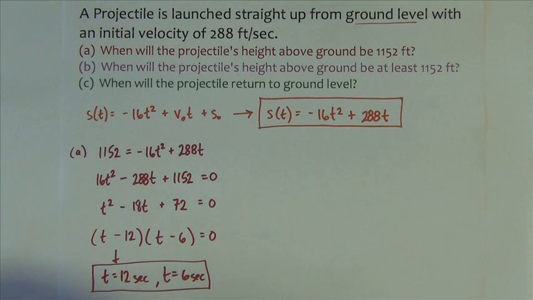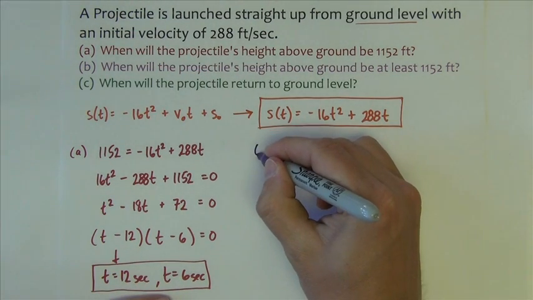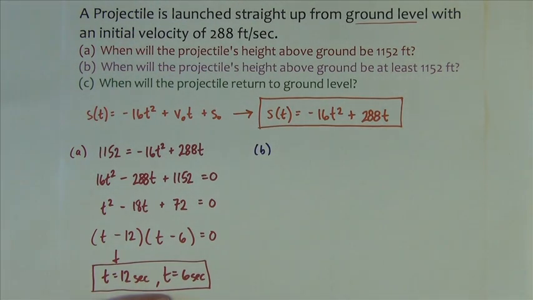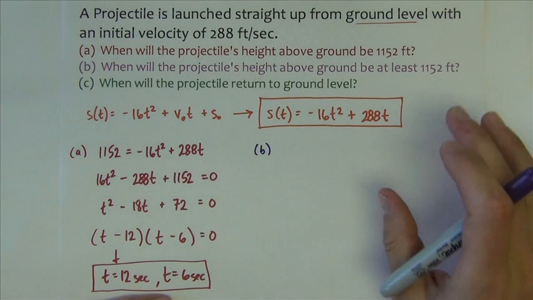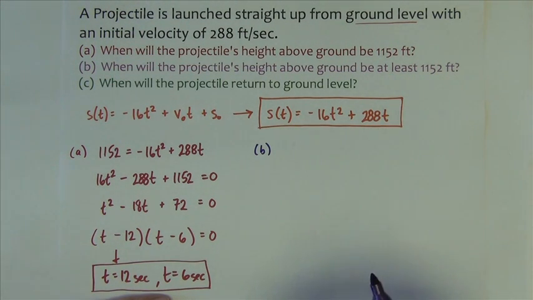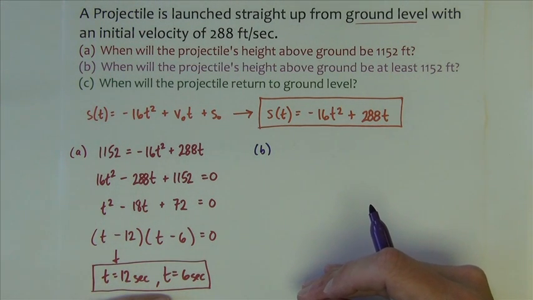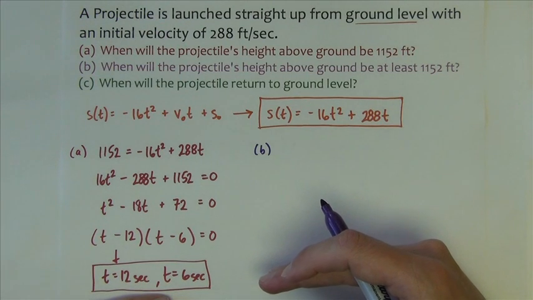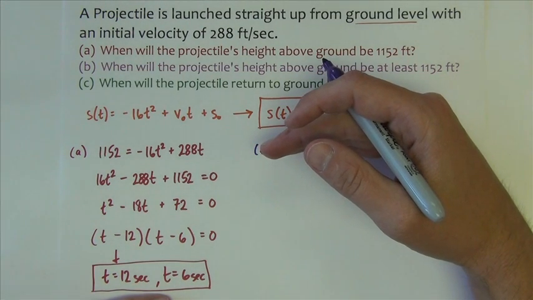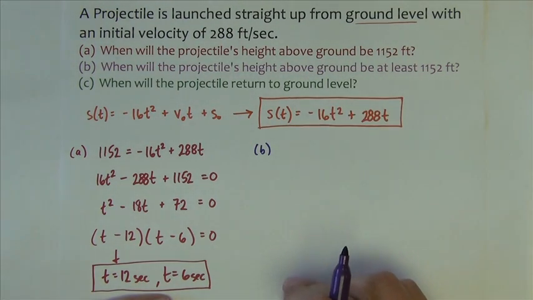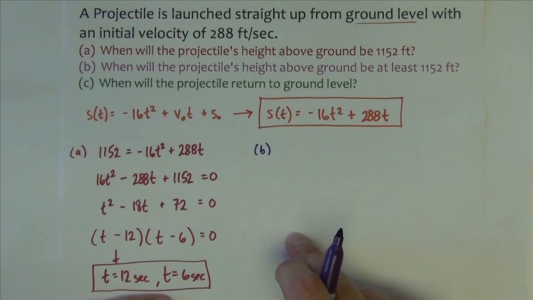Okay. Part B, when will the projectile's height above ground be at least 1,152 feet? At least 1,152 feet means it can be that or above that. Okay, and so we think of this projectile starting at ground level and shooting straight up.